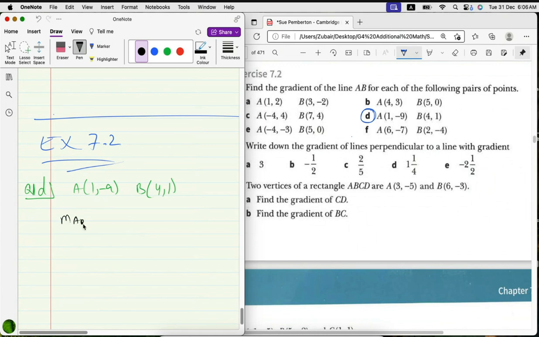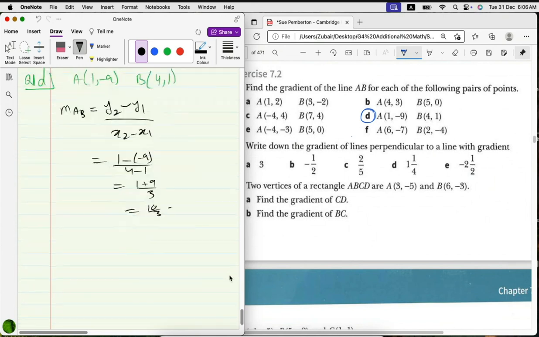So the gradient of AB is y2 minus y1 over x2 minus x1. That's 10 by 3.